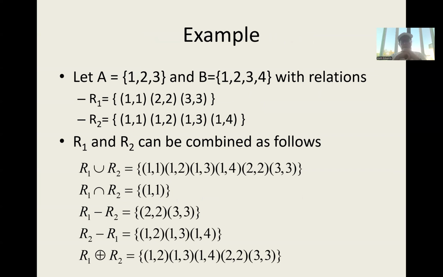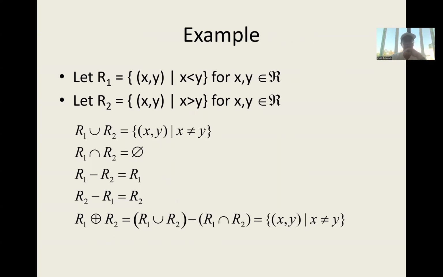And again, we can combine those relations in the same way that we can combine sets, because they're really just sets of ordered pairs. And the same with more general ones. We can do set differences, symmetric differences, intersections, unions, etc.